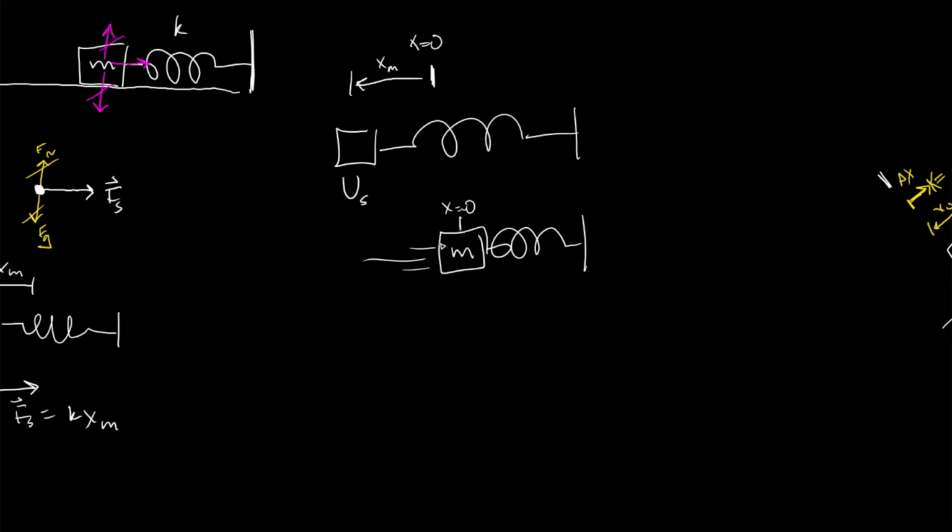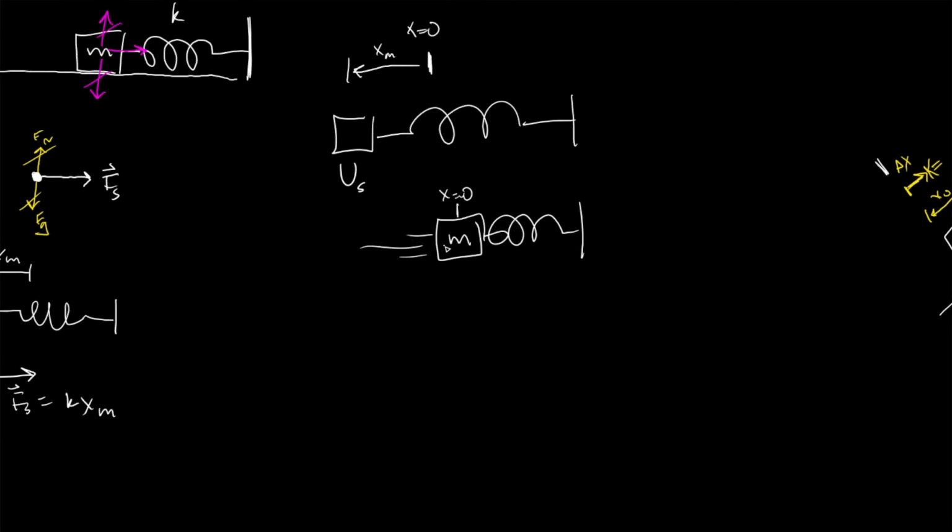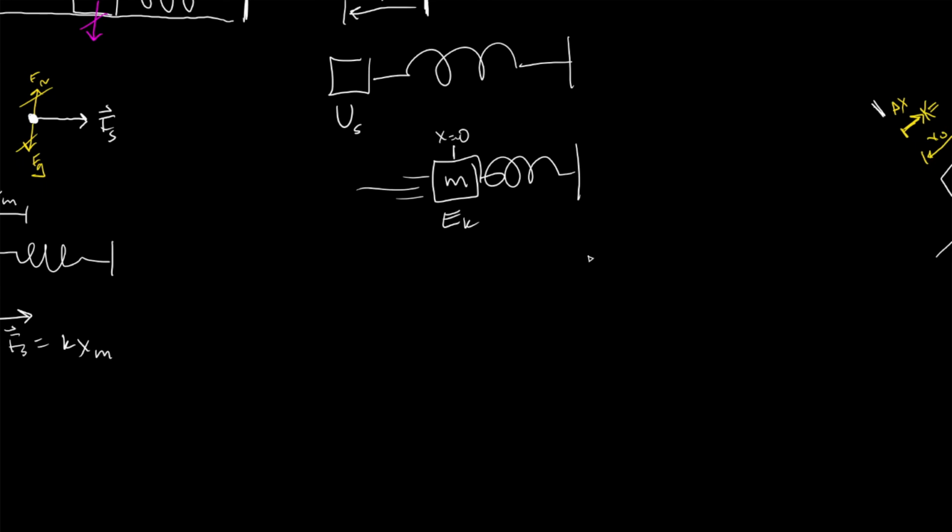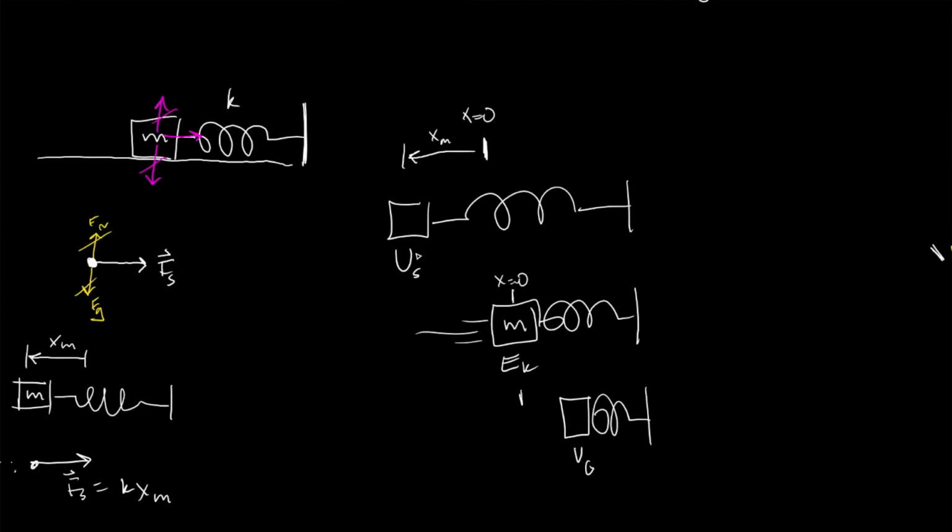And all of this potential energy converted into kinetic energy. So we have a lot of kinetic energy. And then it oscillates back and forth. It comes over here. Now it has potential energy again as it turns around. And that process repeats.